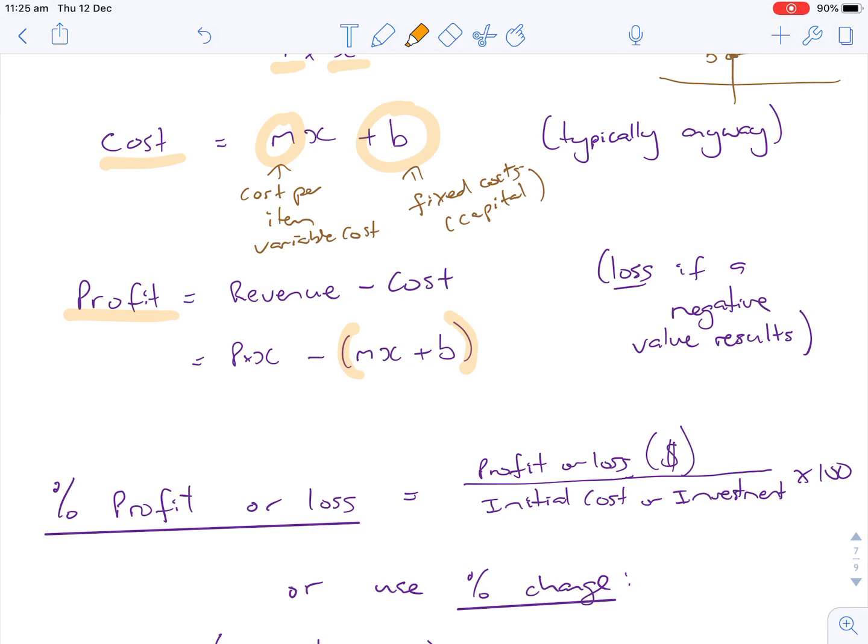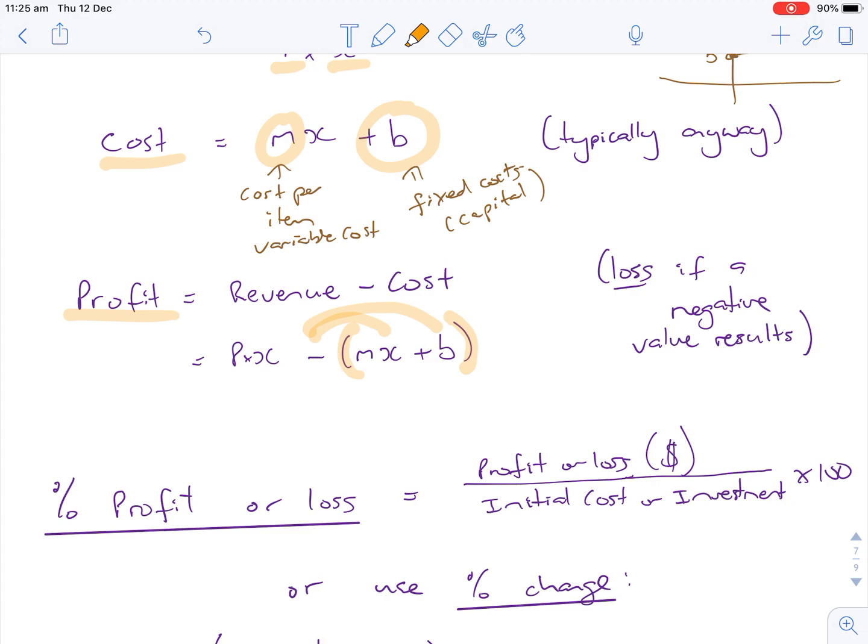I'd take away this MX, and without the brackets, I'm then adding that fixed cost instead of subtracting it, because really that subtraction is being applied to both of those things. So really I've got minus MX and then minus the B as well. But the bracket will save you from having to do that. Do keep an eye on it, make sure you use the bracket, because otherwise you're going to think you've done the right thing and you'll get a wonky result.